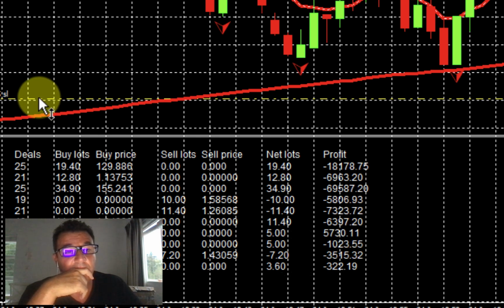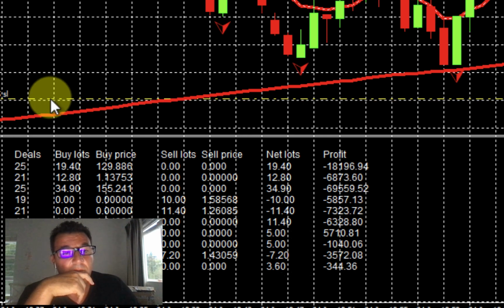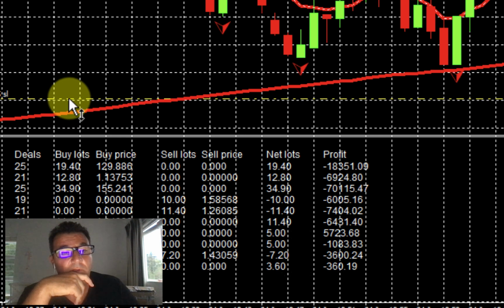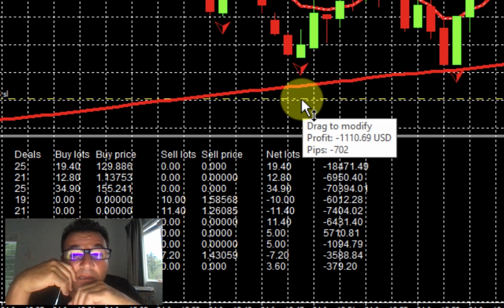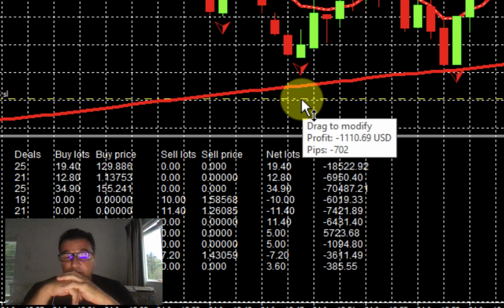But there it is. You hover your mouse over it, and it should give you that window. That's why I like to drag it. There it is. The loss is $11.10.